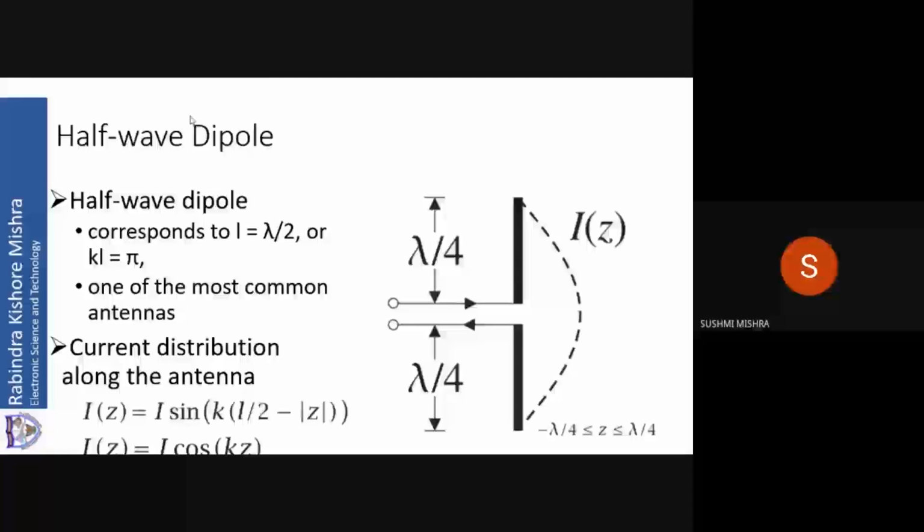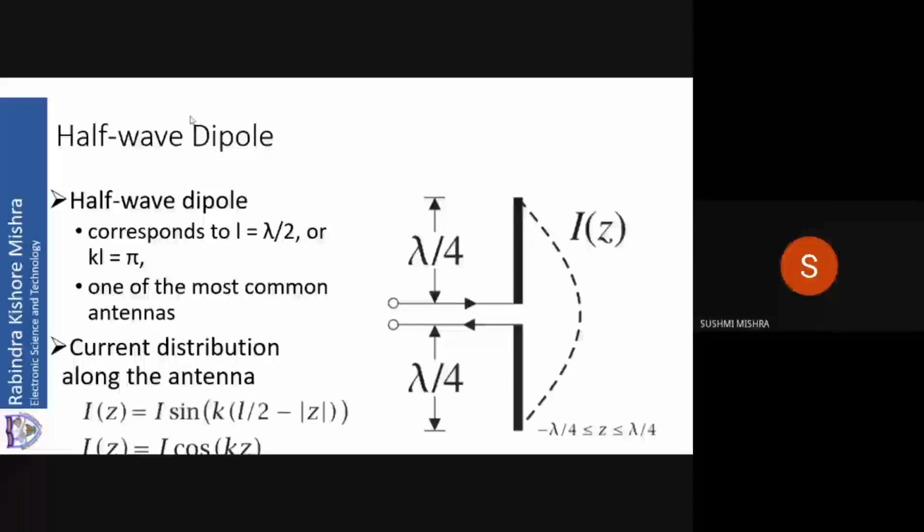So that is the same thing that I am continuing here. The only difference is here I will take kL is equal to pi. Therefore, kL by 2 will be pi by 2. So sin(pi by 2 minus k mod z). You know sin(pi by 2 minus theta) is equal to cos theta. So whether you write the upper one or the lower one, it is the same thing.